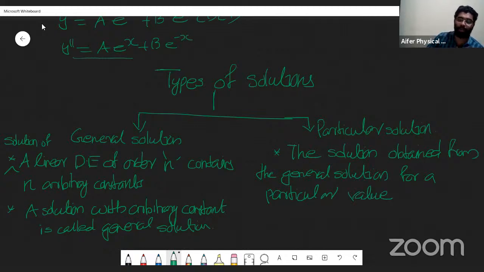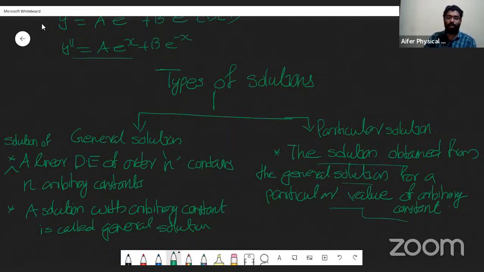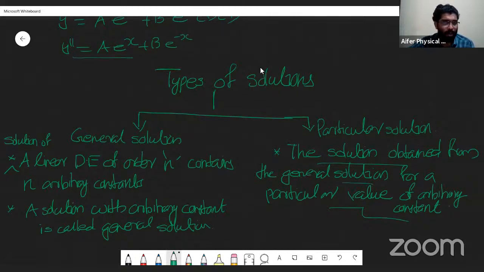Particular value of what? Particular value of the arbitrary constant. This is called a particular solution. The solution is obtained from the general solution by picking a given value for the arbitrary constant. That is called a particular solution. This concept will be clear while we're discussing the problem.